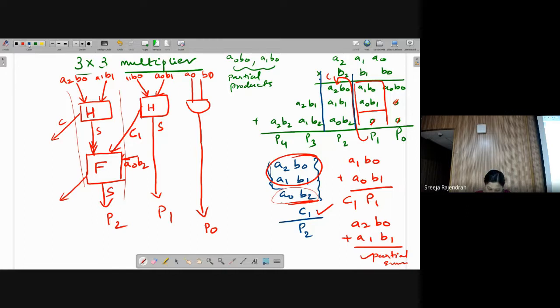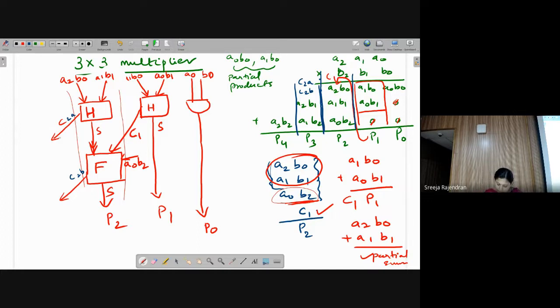So what is my next stage? I can say I have C2A and C2B coming in, because if I call this C2A and C2B, two carries are coming in from two stages of addition.